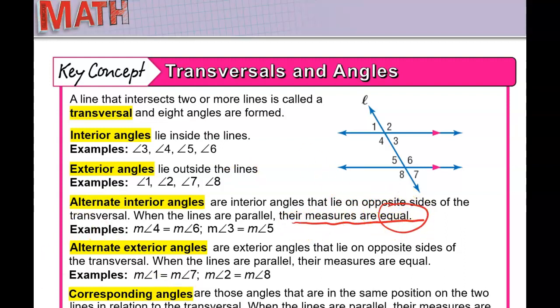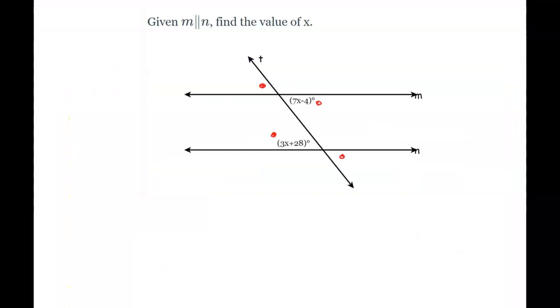Because we know those measures are equal, then we're going to set up our problem using our equation. We would take the 7x minus 4, make it equal to 3x plus 28. Okay, both sides, we're going to have them equal each other so that we can solve for x.